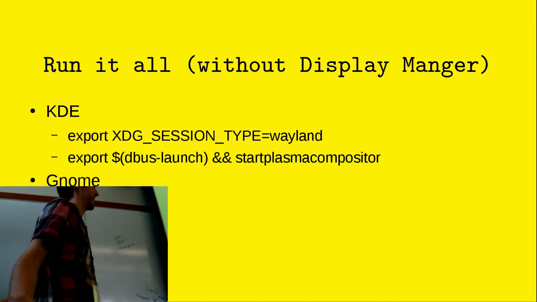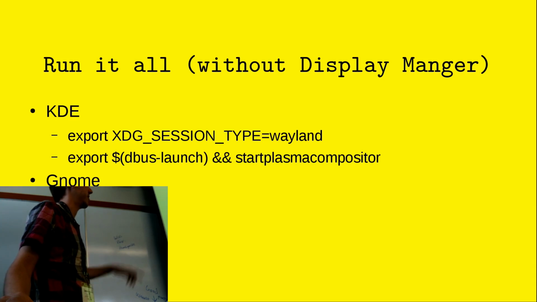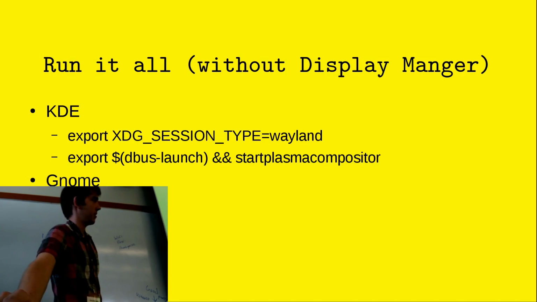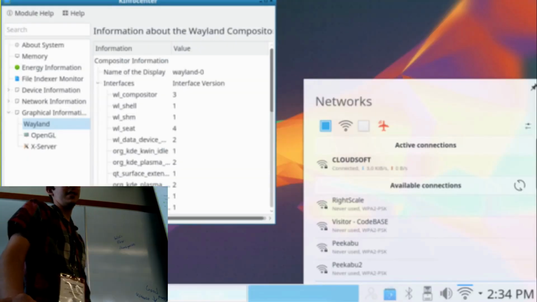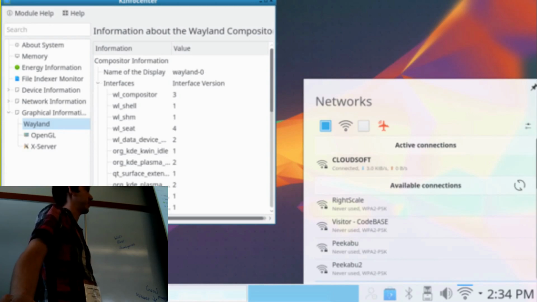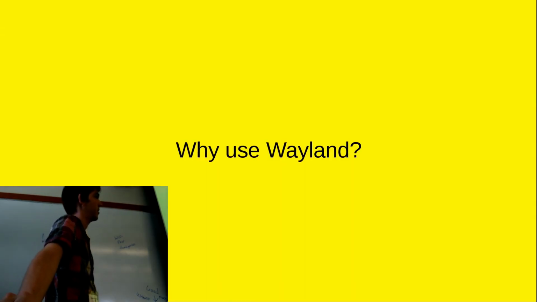That's the right idea. It's not great. They could maybe boil that down to start Plasma compositor for KDE eventually. And GNOME, last I checked, they deprecated the way that worked. Good luck. So yeah, if that works, you're expecting to see KDE, and it's going to look mostly the same as the KDE you're used to.